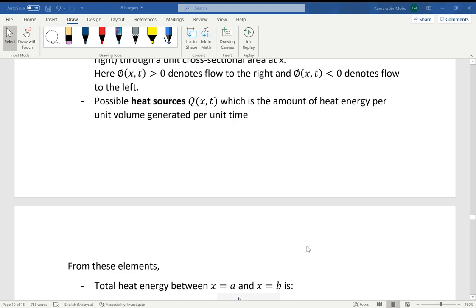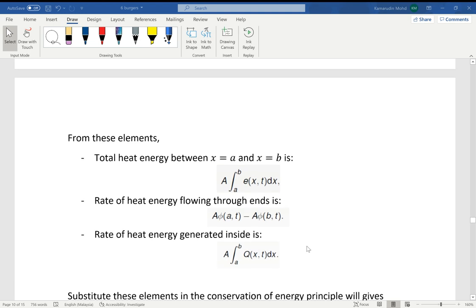So from these three elements, the first element, heat energy, we consider the total heat energy between point A and point B. It is given as this: we have the cross-section A, and the integration from A to B of e. So that is the total heat energy. The previous one was only the heat energy density, now it is the total. For the second element, previously we set the variable phi for the flux.